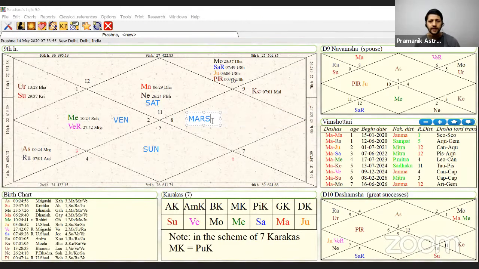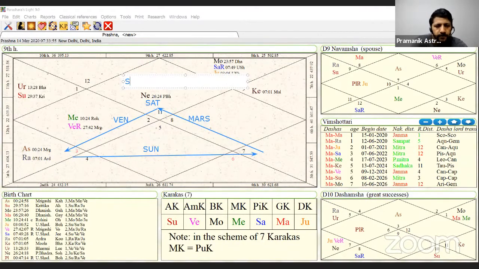And what are the trinal houses? Trinal houses are 1, 5, and 9. So what are the planets ruling that? Saturn again ruling here. And then we have the Mercury.